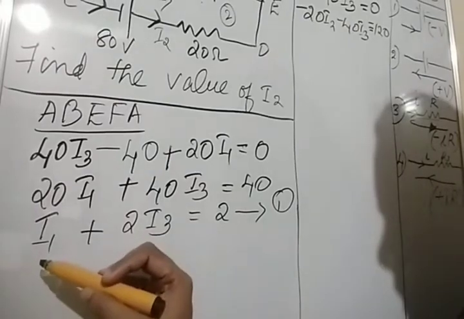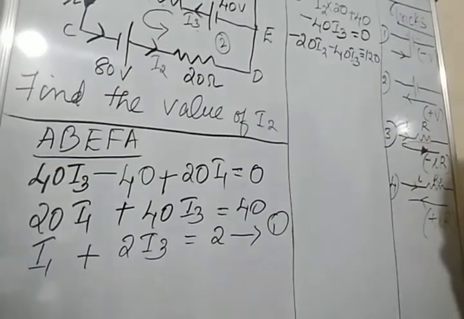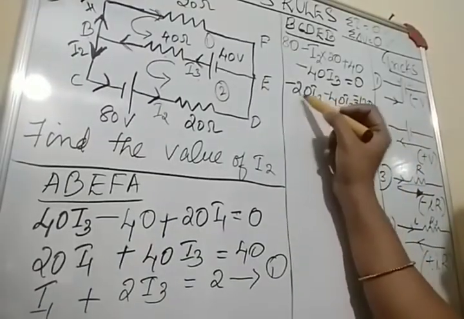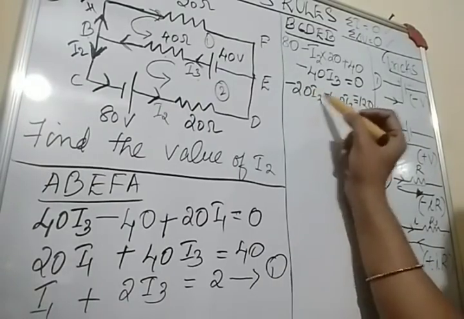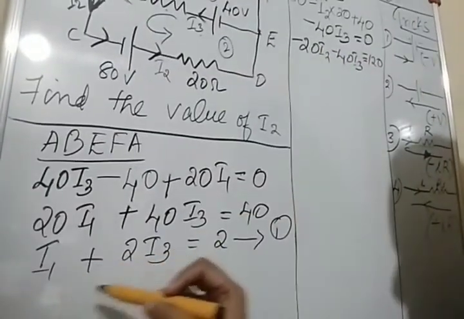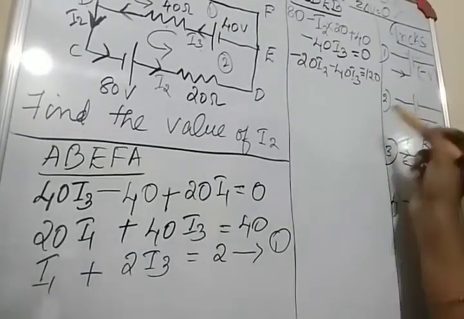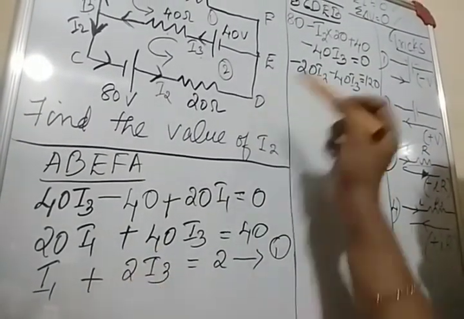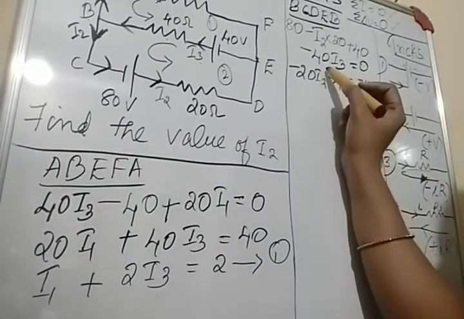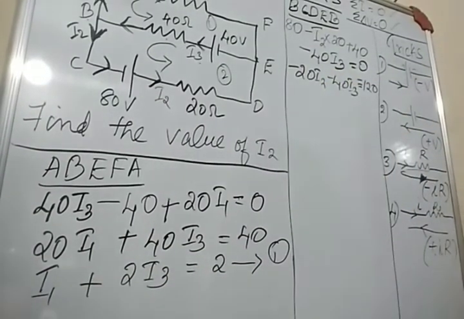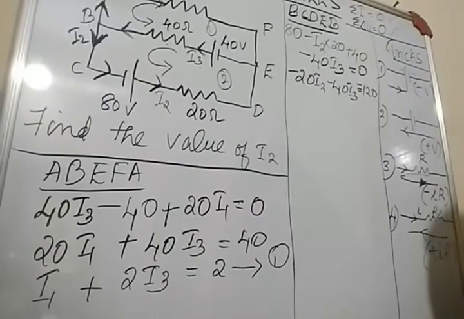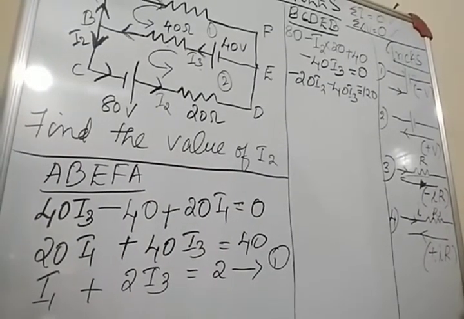So the variables here are I1 and I3. But when we solve the second loop, we got an expression involving I2 and I3. Here we have I1 and I3, here we have I2 and I3. So I3 is common in both expressions. Here we have I1, here we have I2. So we need to change this I2, so that we could get an expression in I1 and I3 alone.